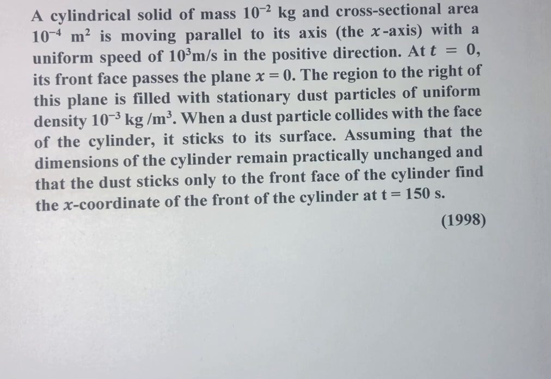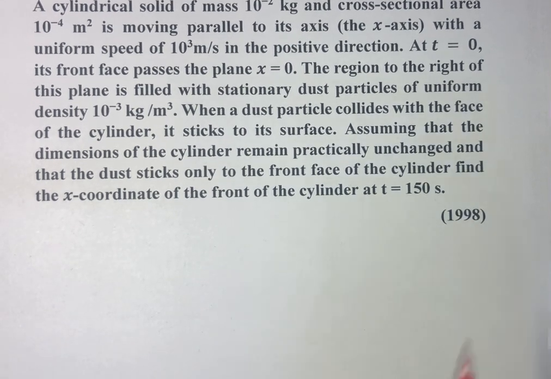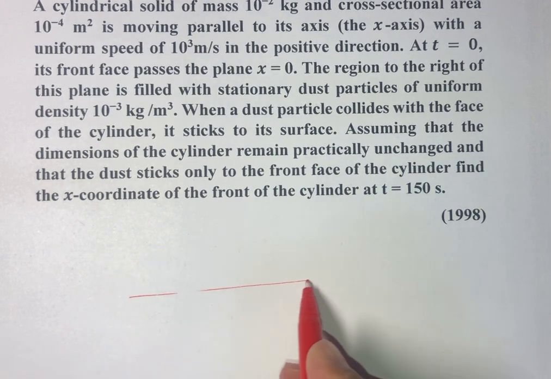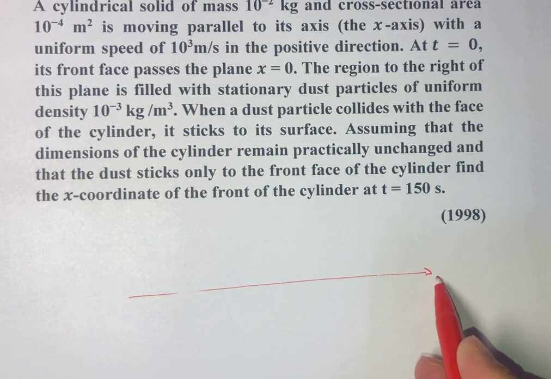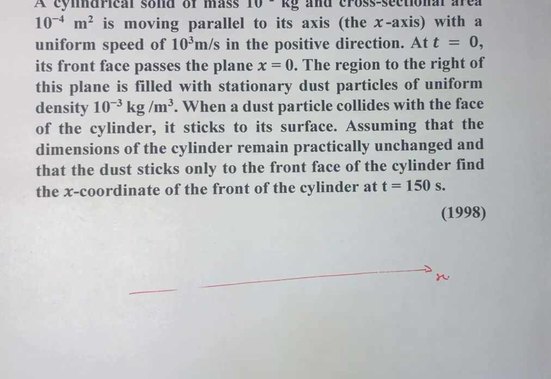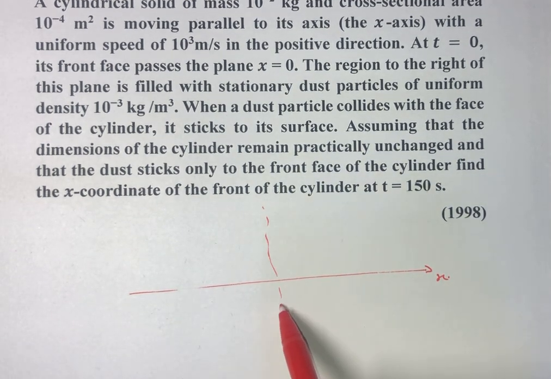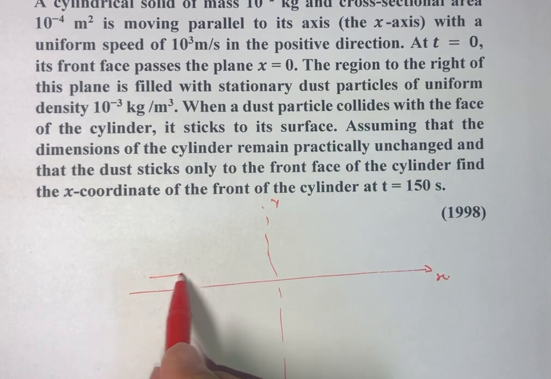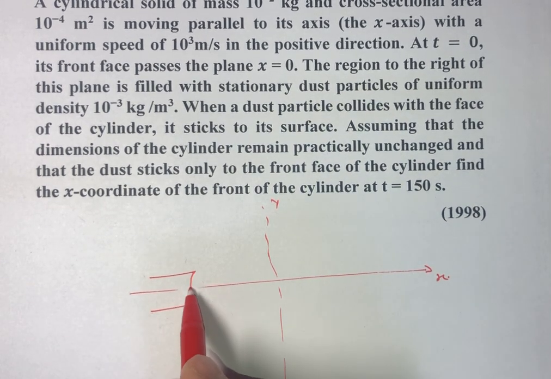So it is given that a cylinder is moving in the positive x direction. Let us suppose this is our x direction and this is our y, and the cylinder is moving in this way.